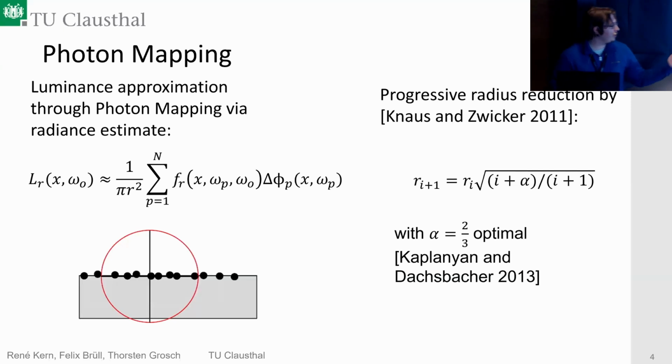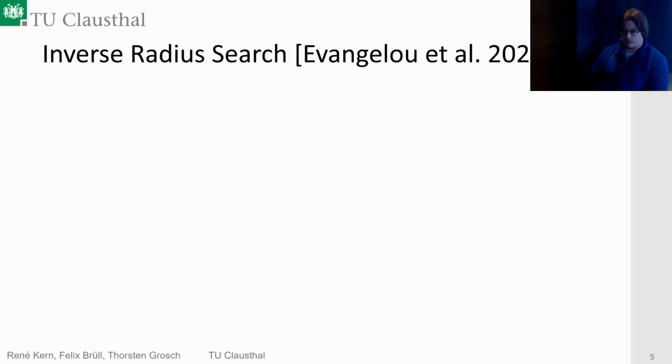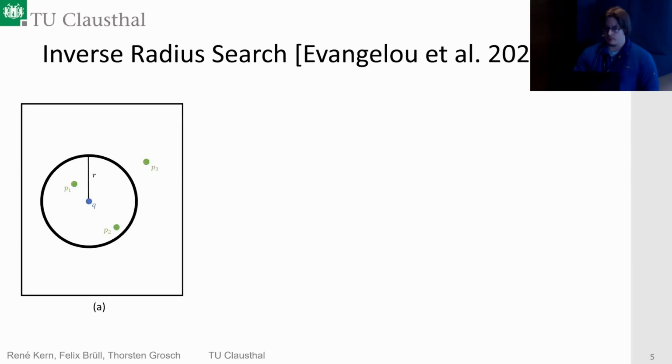Of course, to collect these photons, some sort of acceleration structure is needed. Normally, KD-trees or hash grids were used for that, but as I mentioned earlier, we used an interesting new scheme that exploits the ray tracing API. Evangelou and colleagues recently introduced a rather interesting radius search operation. To explain it better, I first show you the normal radius search operation. Normally we have a query, and we want to collect all points that are inside a radius around this query.